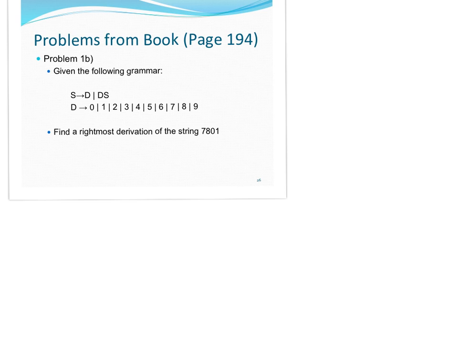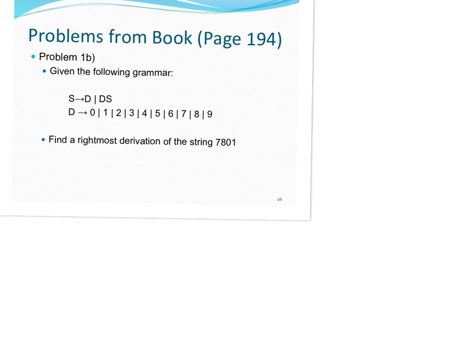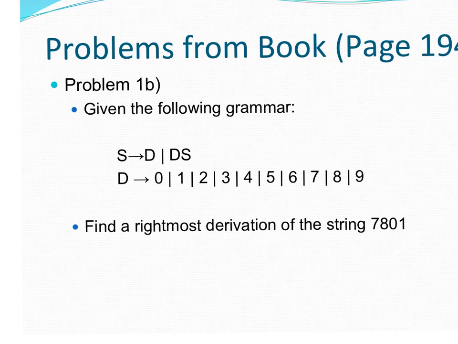Something I guess I didn't say before is that generally we will use the symbol S, if it's a non-terminal, to refer to the start symbol. The other thing that we tend to do is make sure that the first rule that we list in our production rules starts with whatever our start symbol is.